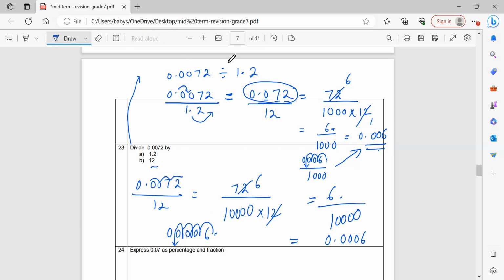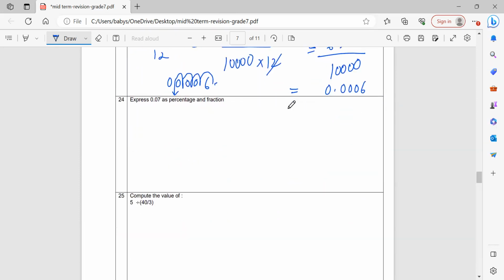Next, coming to the next one, which is 0.07 as a percentage and fraction. So 7 by 100 it is, right? Because 2 decimal places, which is 7%. And as a fraction, it is 7 by 100 itself. There is nothing you can change here.